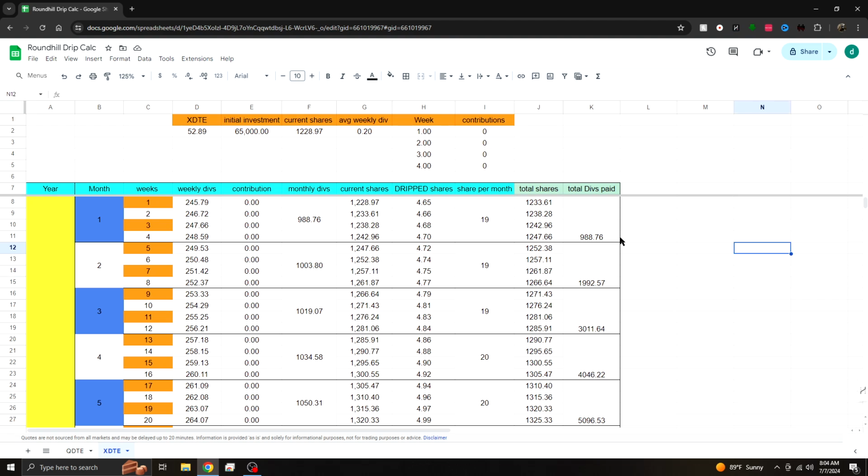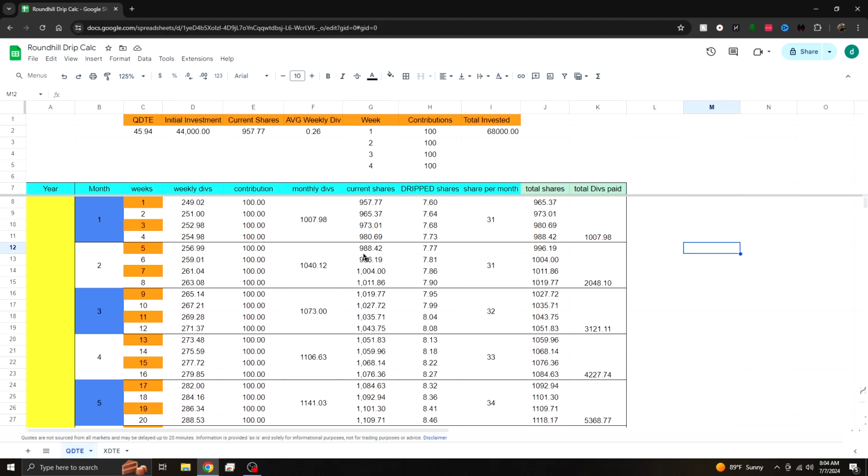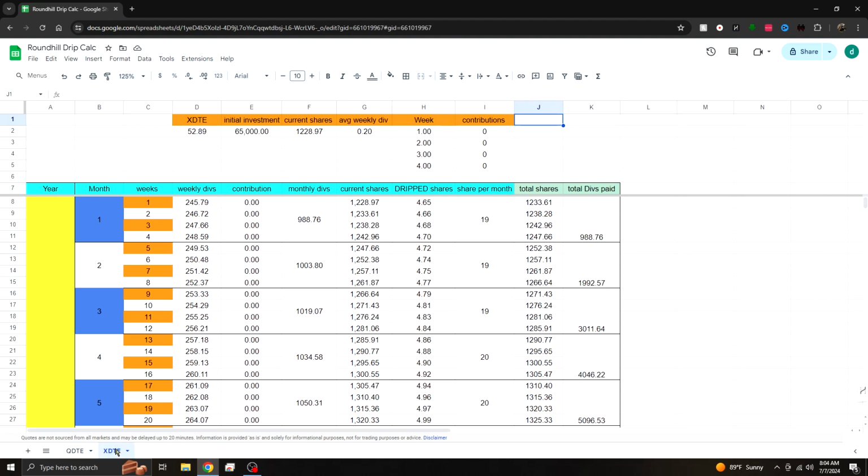But yeah, so this spreadsheet will be made available in the Retire on Dividends Discord. So if you guys want to use it, mess around with it, I do need to add that one here. So I'll update the XDTE to mimic QDTE's total invested. But once I make those changes, I'll upload it there, and then you guys can mess with it.